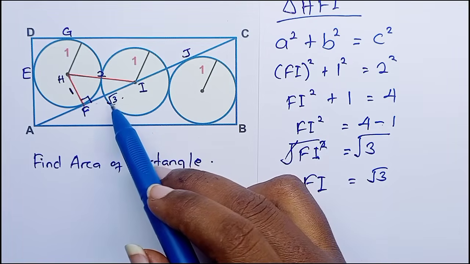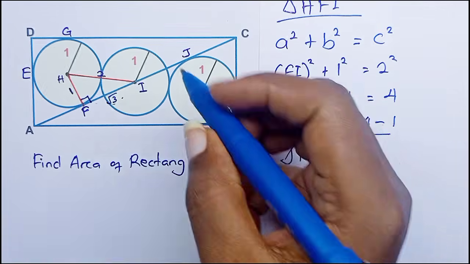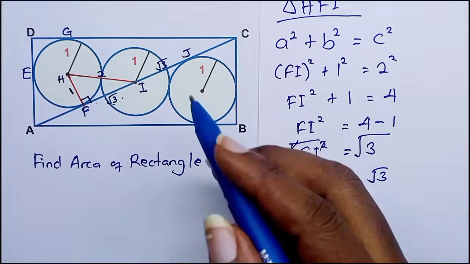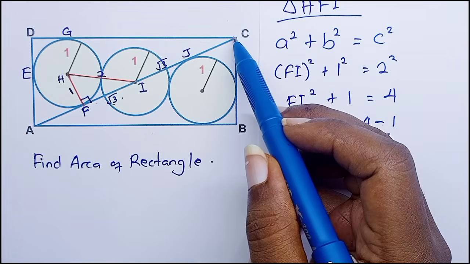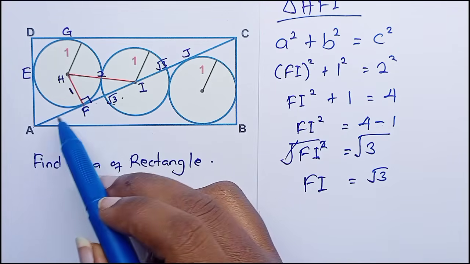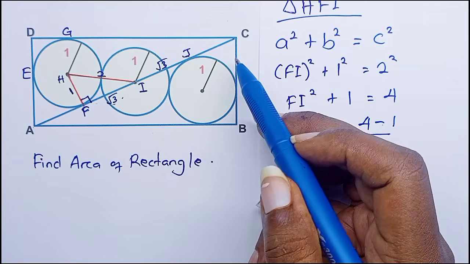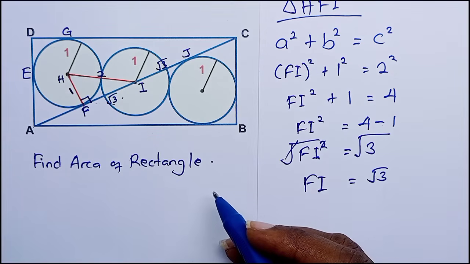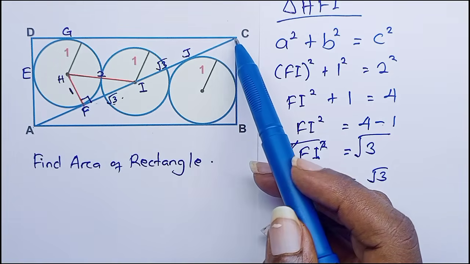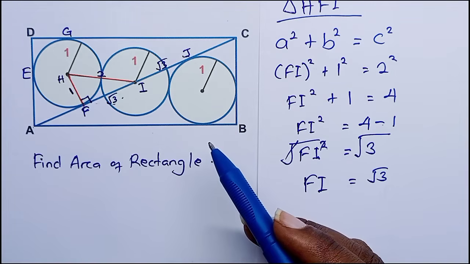Now, since we've got FI as root 3, that implies that this length IJ is also root 3. Now, this segment GC is congruent to the segment AF here. This segment AF is congruent to segment GC by symmetry. Okay? And the two triangles DAC and BCA are congruent by side angle side congruence.